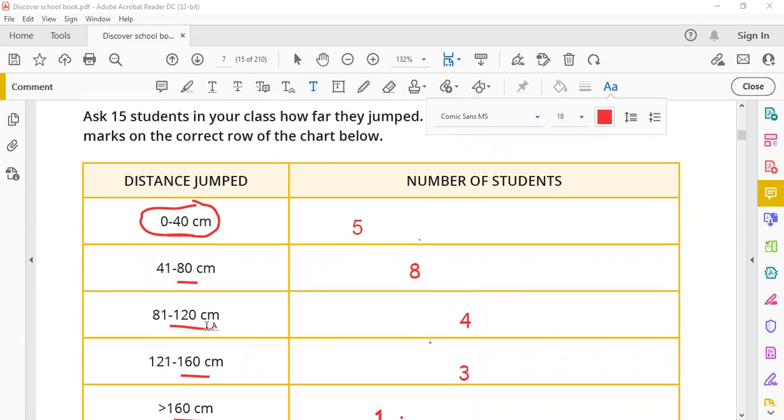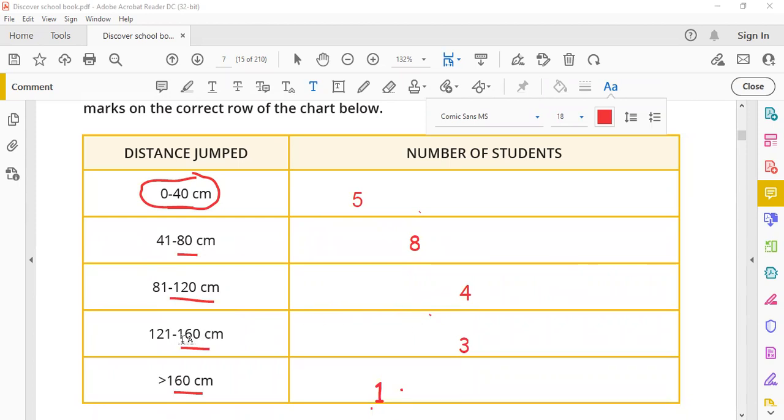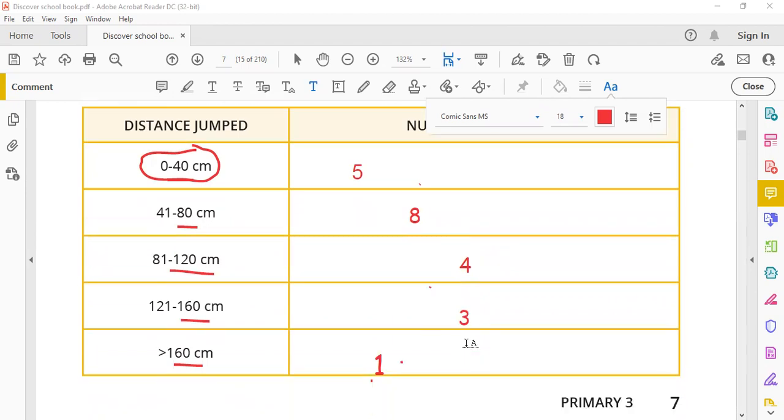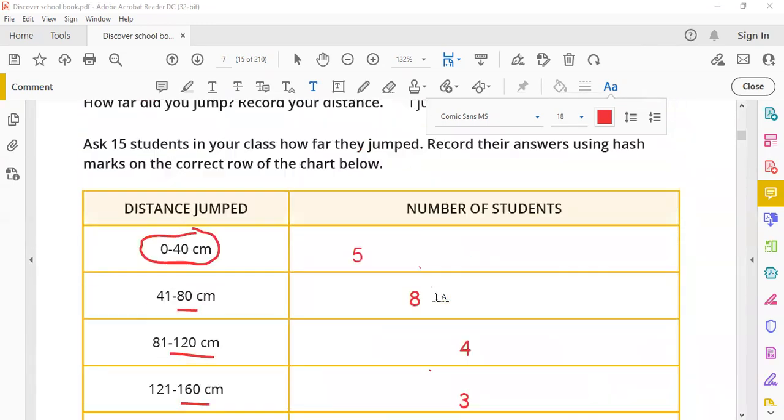How many students can jump for 120 centimeters? 4 students. And how many students can jump for 160 centimeters? We write 3 students. How many students can jump for more than 160 centimeters? 1 student. We wrote these numbers to make the graph.